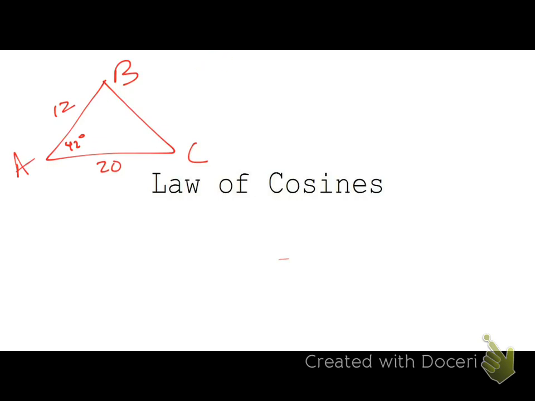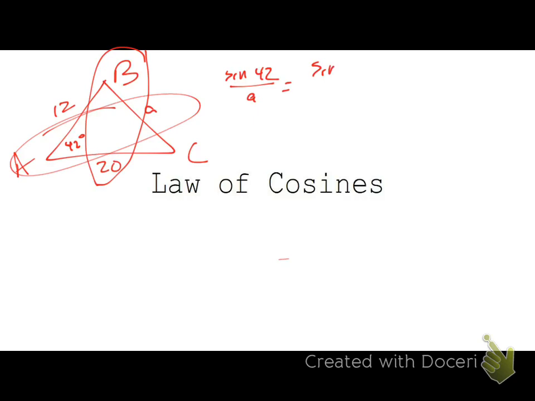If I want to find side A, then we would have paired up these two: sine 42 over A would equal, and then we could use the B's and go sine of B over 20. But the problem here in law of sines is that there are two things that we don't know, and we can't solve an equation when there are two unknowns.